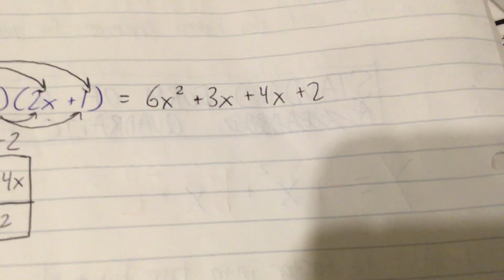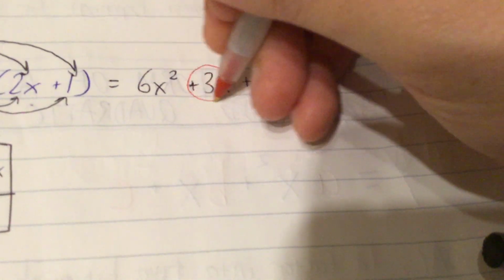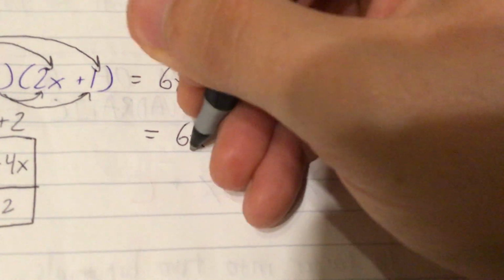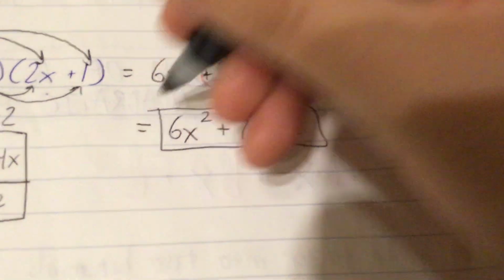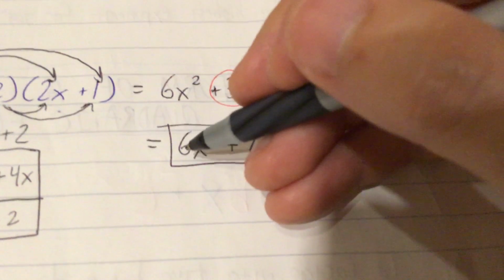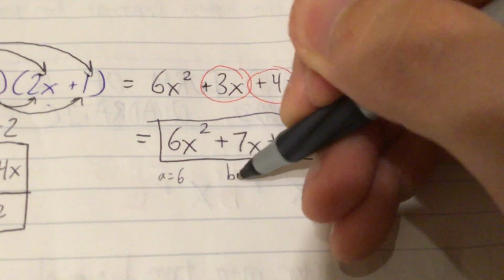Okay, so therefore, I can combine the like terms in the middle and get 3x plus 4x, making it 7x. So 6x squared plus 7x plus 2. And it's in standard form because we have 6x squared plus 7x plus 2. A is 6, B is 7, and C is 2.